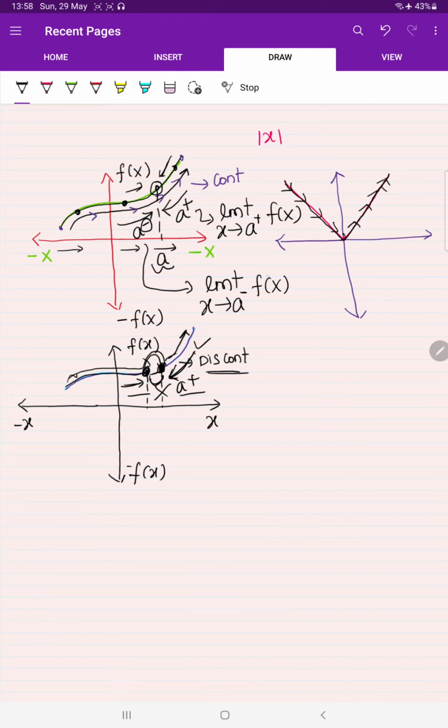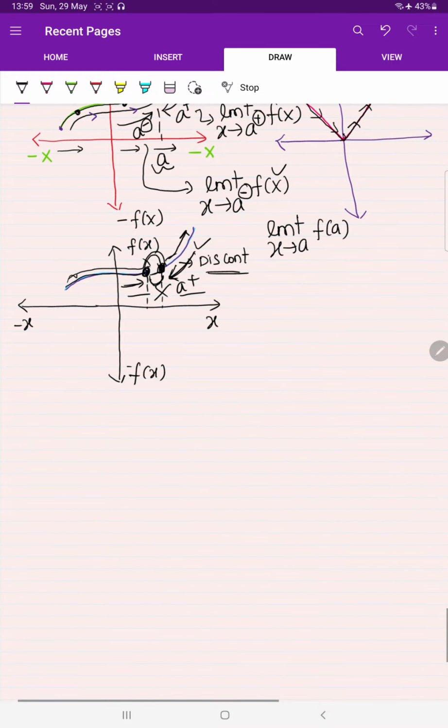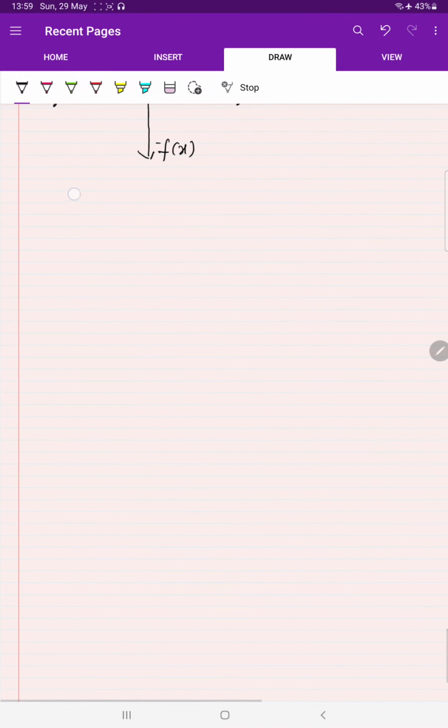If you approach the function from the left hand side, then minus will come. If you approach from the right hand side, then plus will come. If you are directly standing exactly at A, then it will be limit x tending to A, and the function will be f of A. If all these values are equal, that is the finalized conclusion.